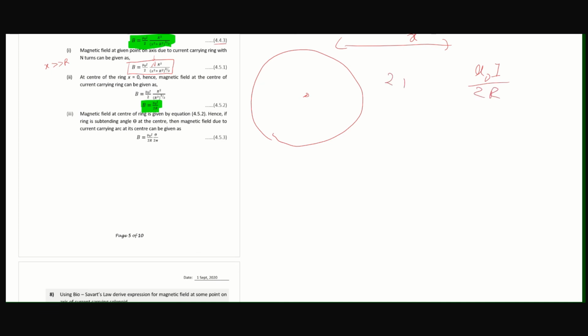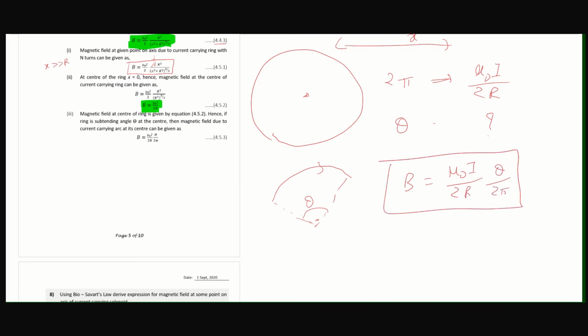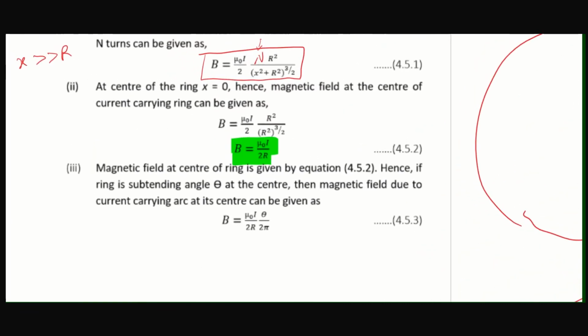So when I consider 2 pi, a complete ring means a 2 pi angle, the magnetic field is mu 0 I by 2r. If I have only part of the ring, an arc surrounding angle theta, how much is the magnetic field at the center due to theta angle of the ring? That will be mu 0 I by 2r times theta upon 2 pi. So this is the magnetic field due to part of the ring, an arc.